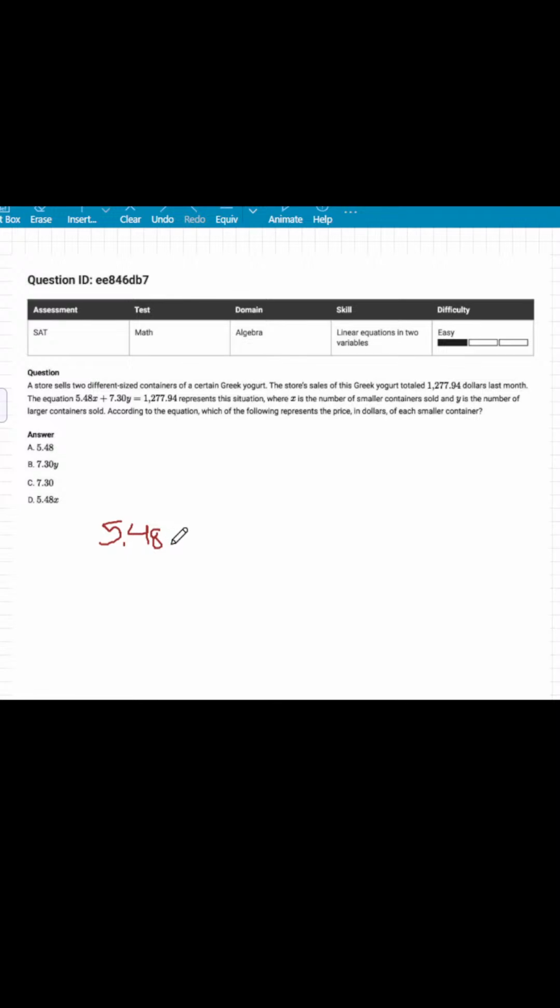So 5.48x plus 7.30y is equal to 1277.94.